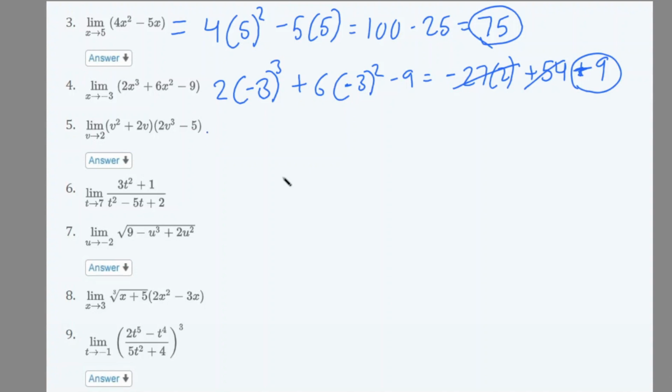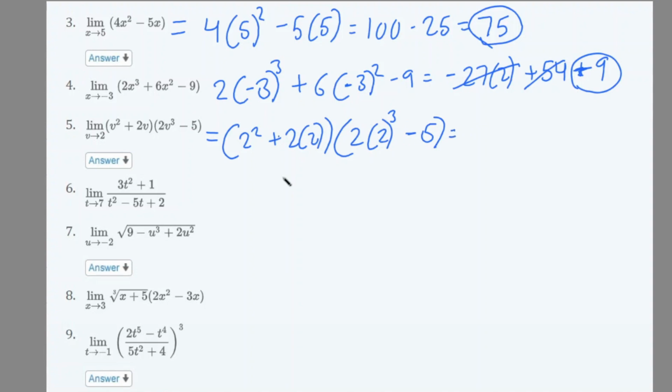Alright, number 5 is limit as v goes to 2. For this little equation, all we need to do, same thing here, plug it in. 2 squared plus 2 times 2, and then in the next parentheses 2 open parentheses 2 to the power of 3 minus 5.